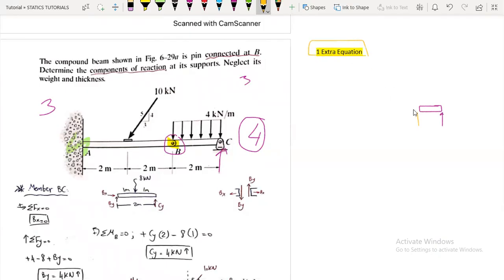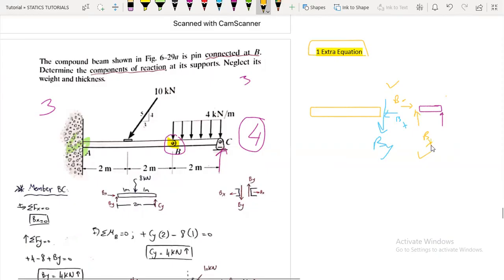How? Let's say here it's By and here it's Bx. Okay. So we have here 3 unknowns, correct? We can get Bx and By, then we will move to the other part and we will reverse the directions. So here it is Bx, in the opposite direction, and here it is By.